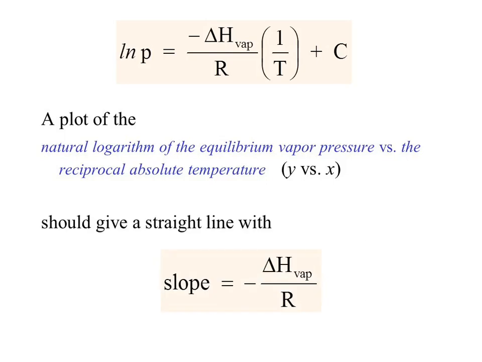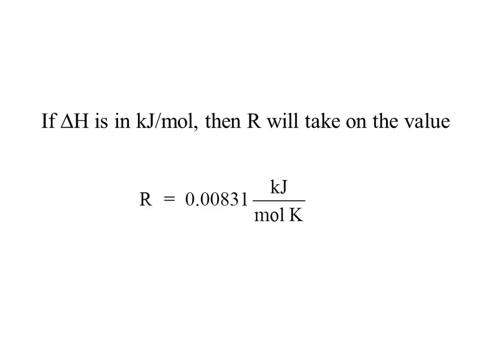So let's focus on the slope part. That m, the slope of your line, is going to be equal to negative heat of vaporization over R. Let's see how we could use that to our advantage. The value of R you're going to use is that thermodynamic value of R, 0.00831 kilojoules per mole Kelvin.